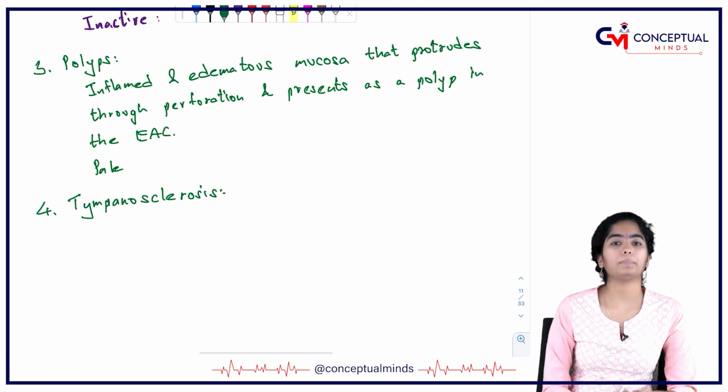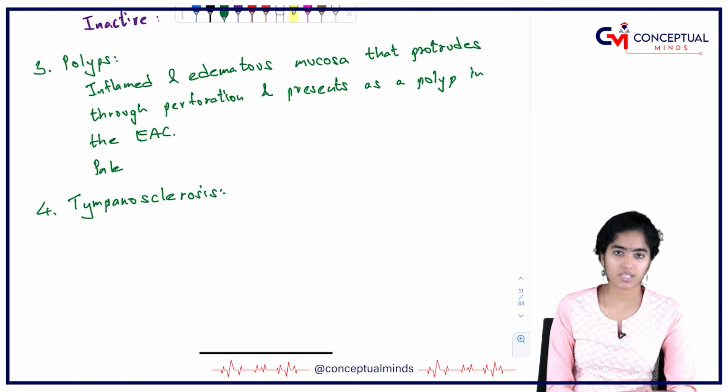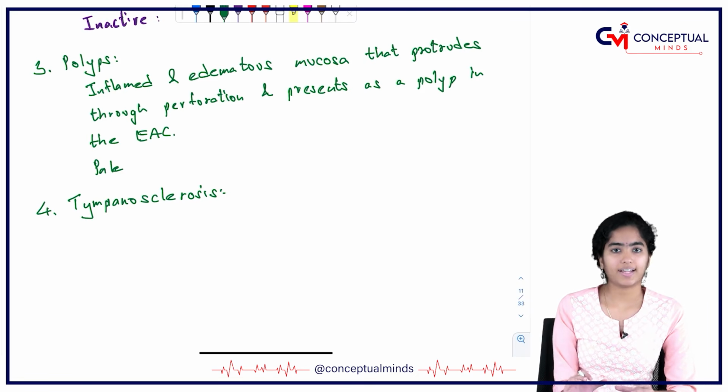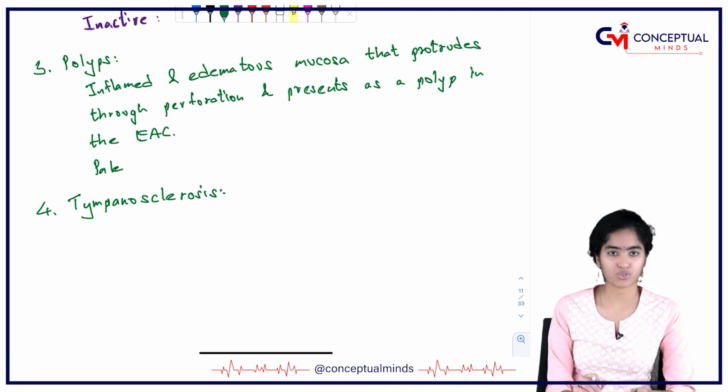What is tympanosclerosis? The white chalky deposits that are seen on the promontory, ossicles, joints and tendons, and even on the round window and oval window. And this tympanosclerosis can interfere with the mobility of the structures.